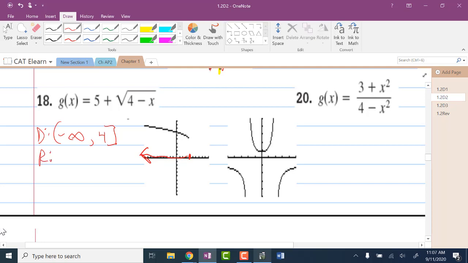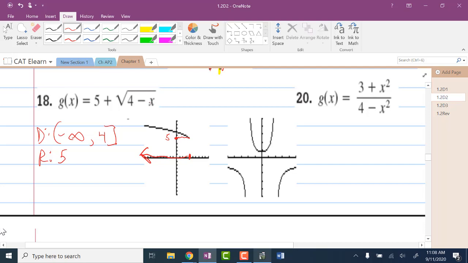What happens when I plug in a 4? 4 minus 4 is 0. Square root of 0 is 0. 0 plus 5. And I look up here. Here is 5. So I'm doing both: being smart about input output, and then just looking at a picture, and it looks like this is at 5.